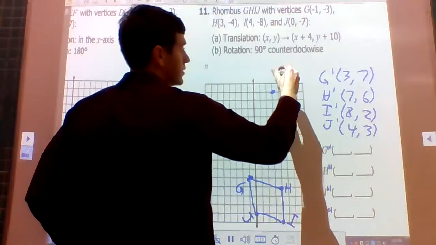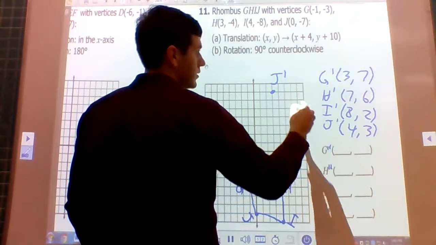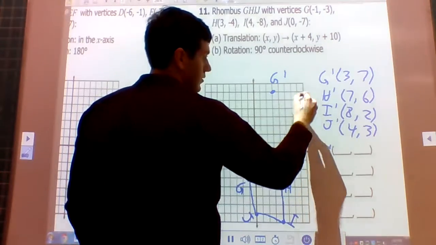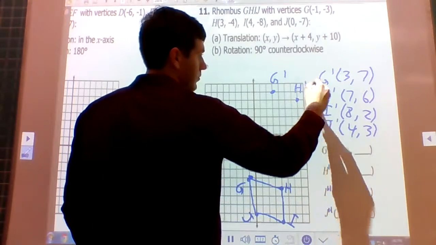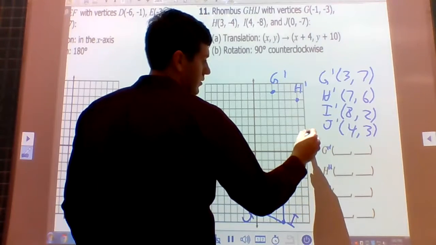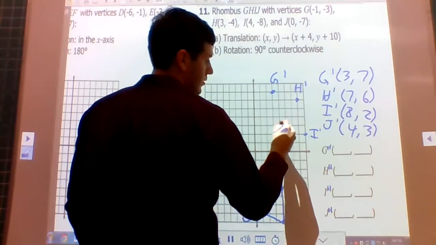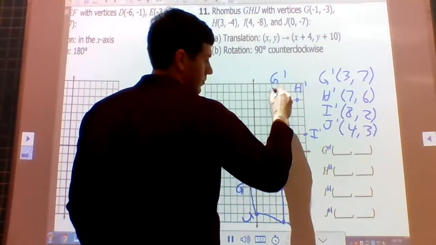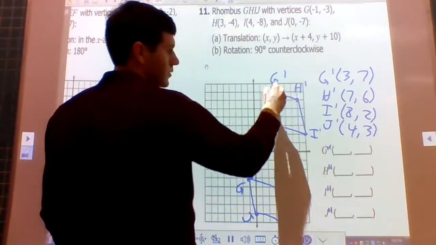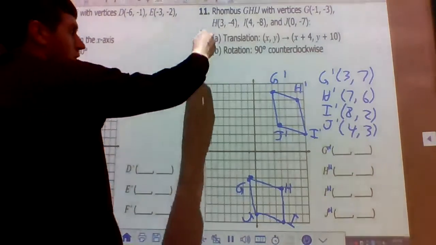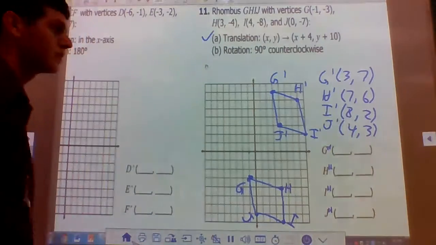So here's going to be G prime. 7, 6 is H prime. 8, 2 is I prime. And 4, 3 is J prime. So our rhombus is still in check. Okay. So we're good here, and then we want to rotate 90 degrees.